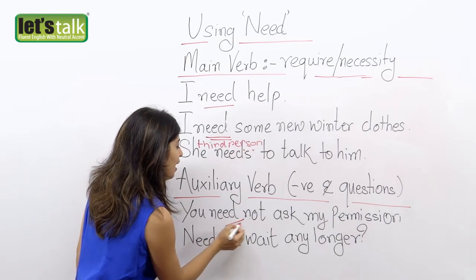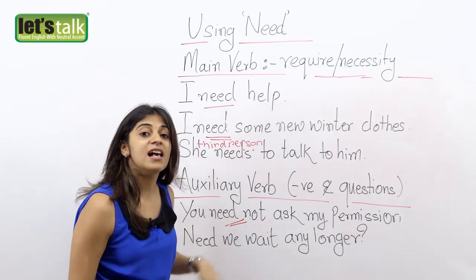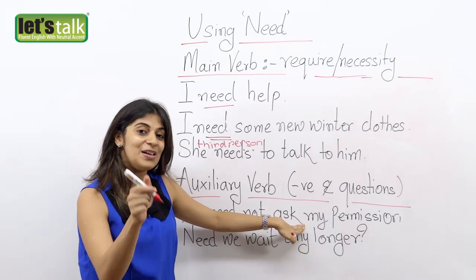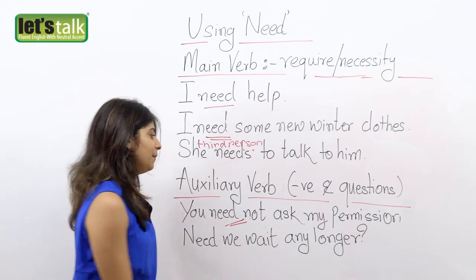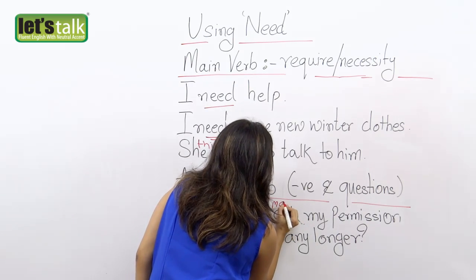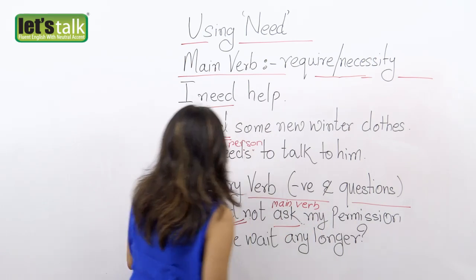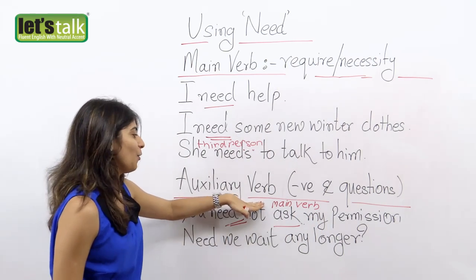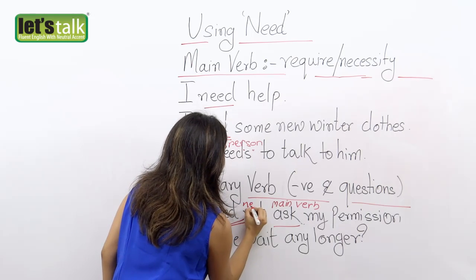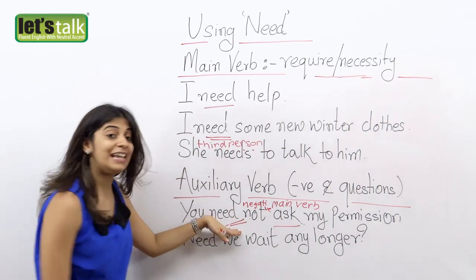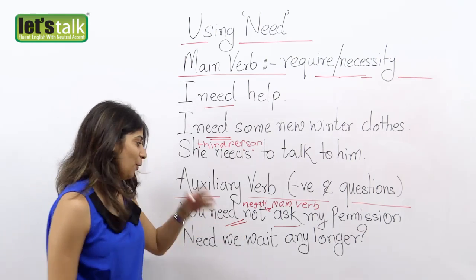Here, need is a supporting verb to ask. Ask is your main verb. Whereas not is your negative word. Alright, so need is here a supporting verb.